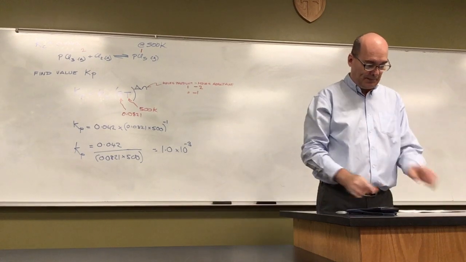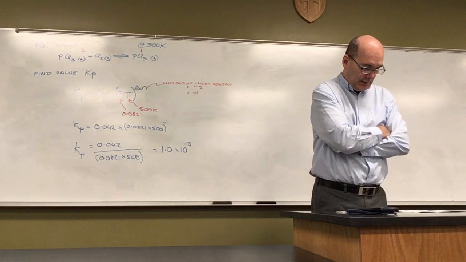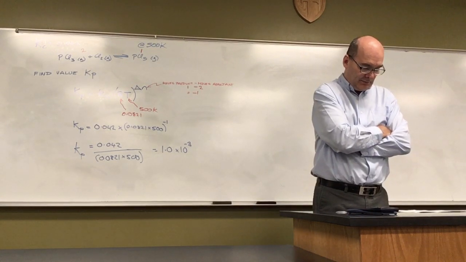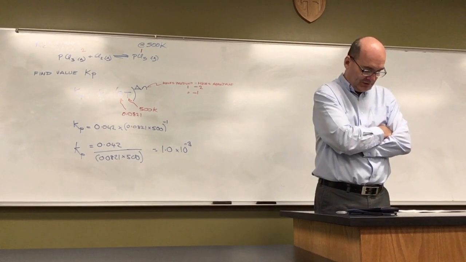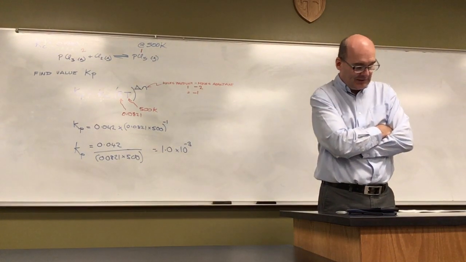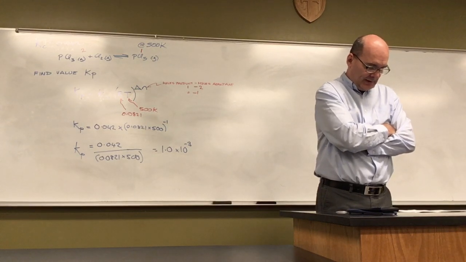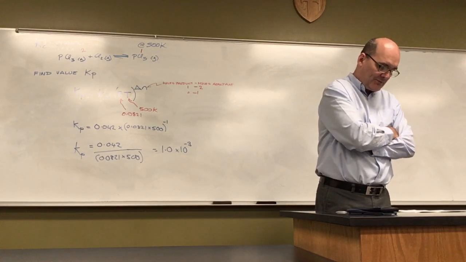The reactions are different, but the questions are the same. The questions say, what is the value of Kp for this reaction? Top one says Kc, bottom one says Kp, doesn't matter. And then what is the Kp for this reaction?